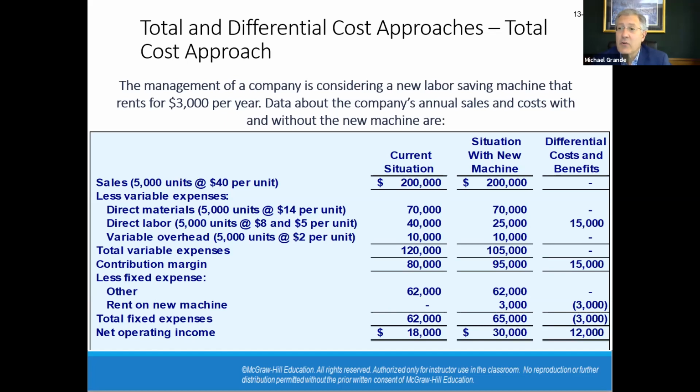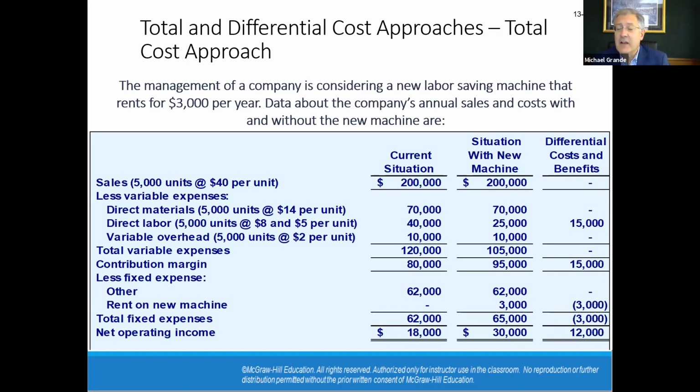If you look at it, the direct labor cost drops with the new machine. It drops by $15,000 because the machine is doing some work. The variable overhead stays the same. The other fixed costs stay the same, but the rent of the machine, that's a fixed cost, $3,000 per year, goes up.